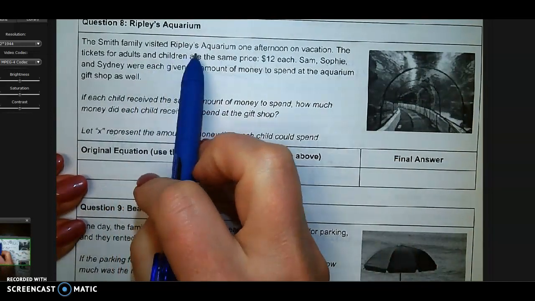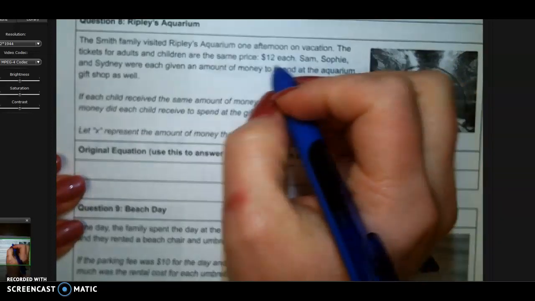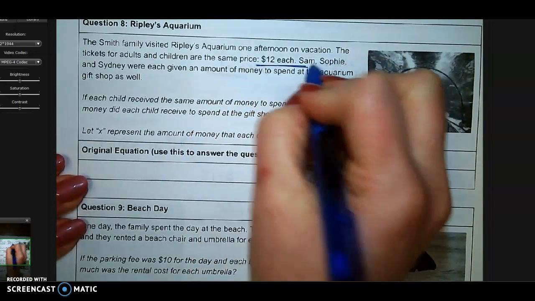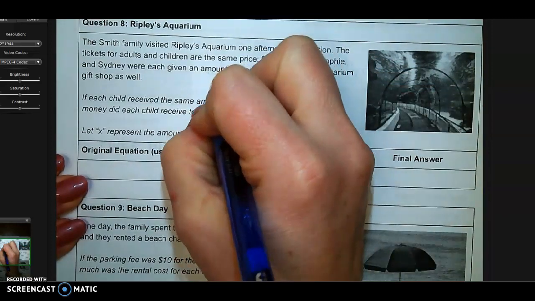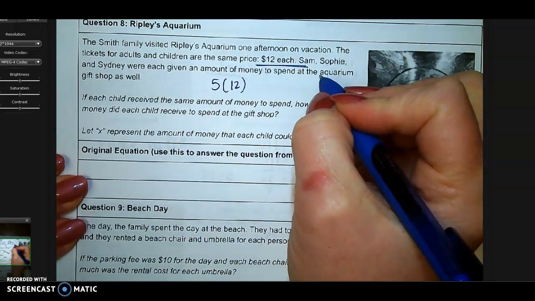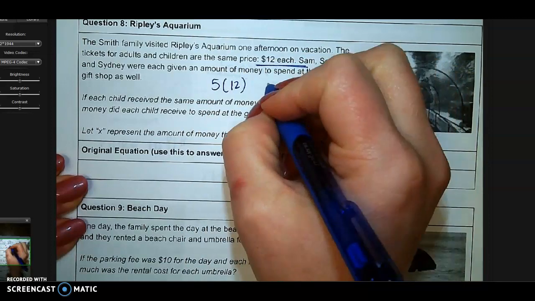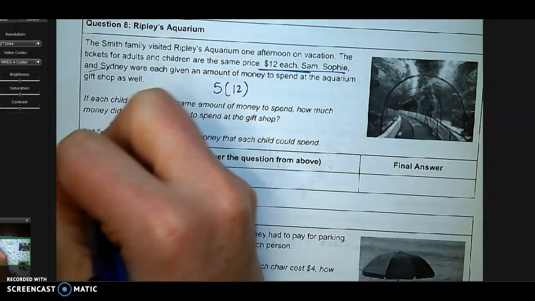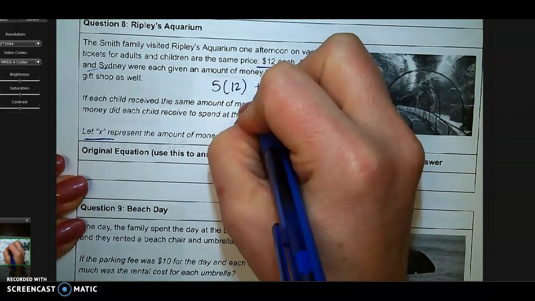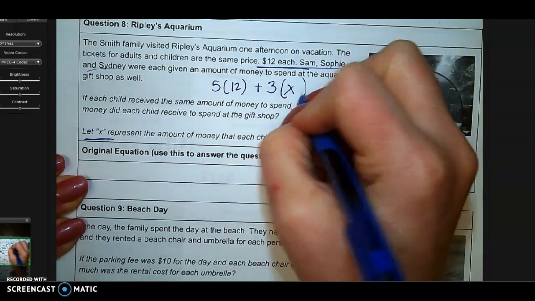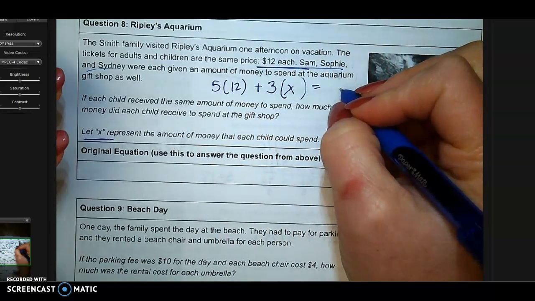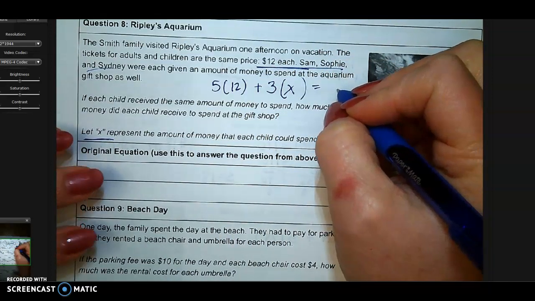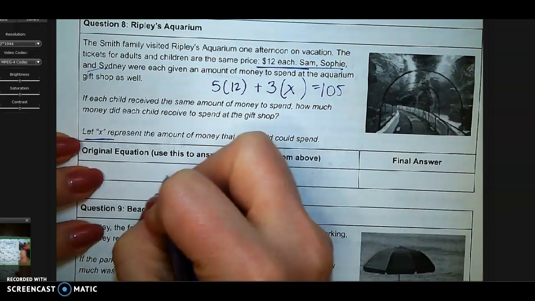It says the Smith family visited the aquarium, and the tickets for the adults and children are the same price. They're $12 each, so that's 5 times 12, and then Sam, Sophie, and Sydney were given a certain amount of money to spend. Let X represent the amount of money they got. There are only 3 kids, and they each got the same amount. Our total for the aquarium, if you look back, is $105.